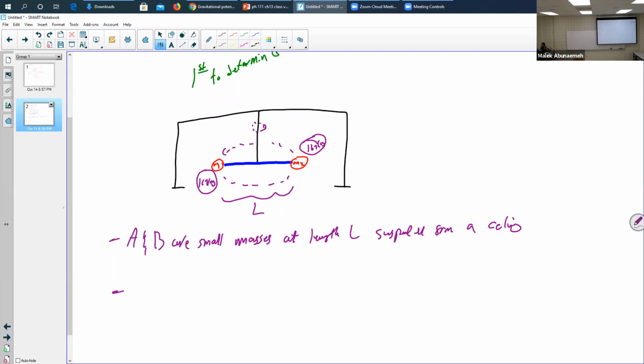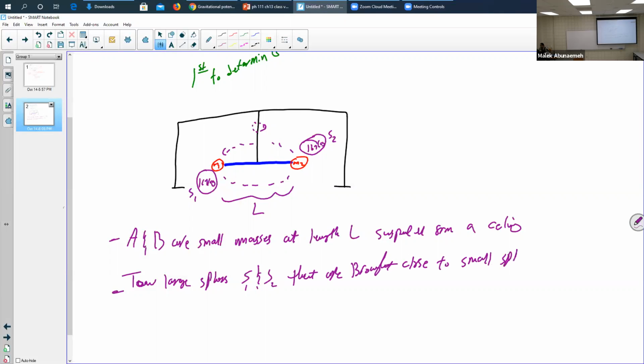Now you've got two large spheres, which we're going to call S1 and S2, that are brought close to the two small spheres.